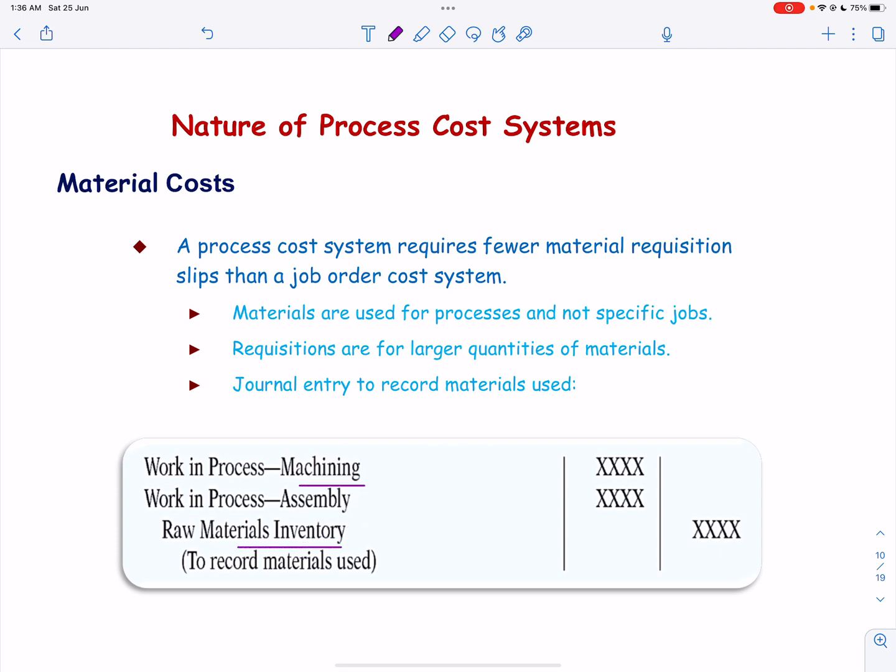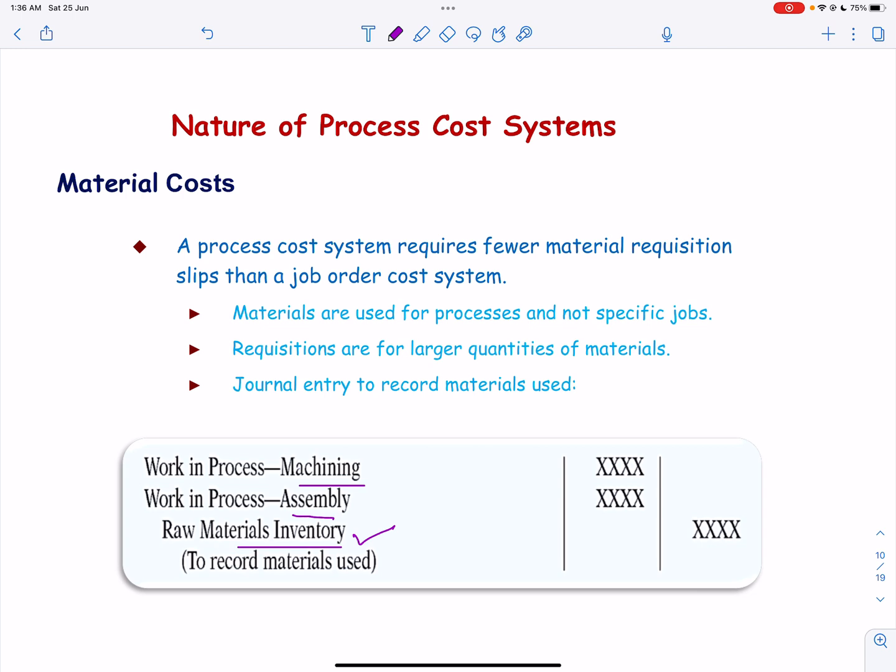If the material is further added to assembly, work in process assembly is debited and raw material inventory is credited. For example, in the manufacture of ice cream, milk, sugar, and cream may be added at the beginning of the first process and the wrappers and cartons are added at the end of the packaging process.